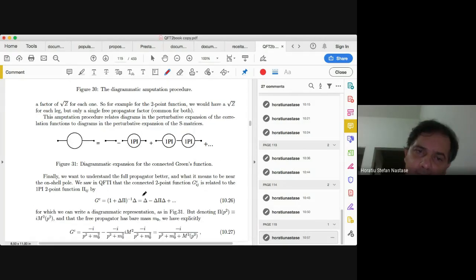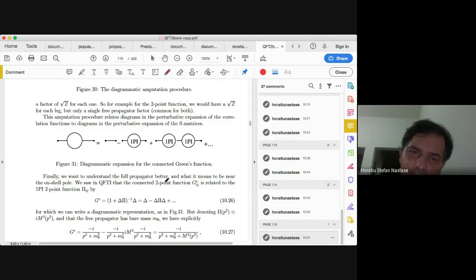And that expansion is written here. So this free propagator is called delta here, then minus delta times this thing, the 1PI two-point function, called pi if you want. So delta pi delta, then plus delta pi delta pi delta, minus, and so on.